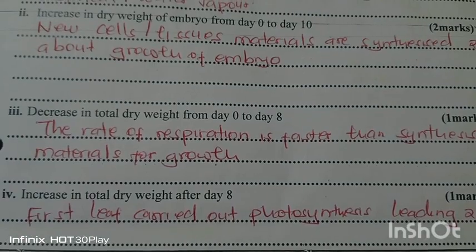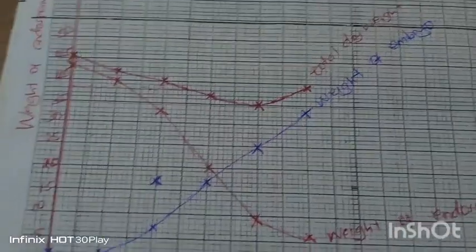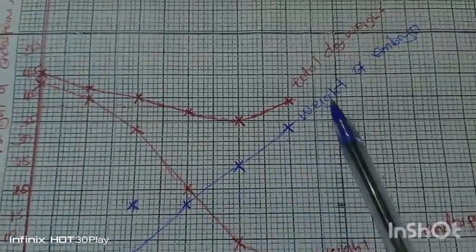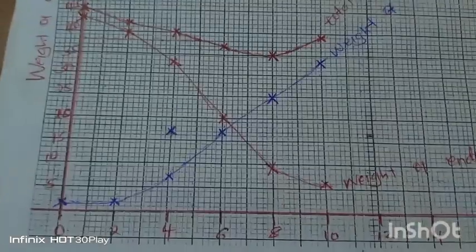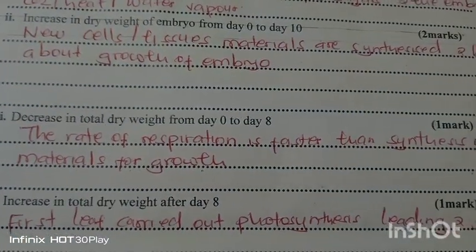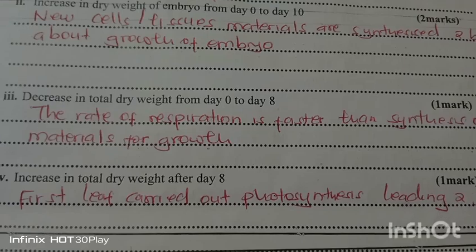Then increase in dry weight from day 0 to day 10 of the embryo. So you go back to your graph and see weight of the embryo has increased continuously from day 0 to day 10. Why? It's because there are new cells or tissues or materials that are being synthesized to bring about growth of the embryo.